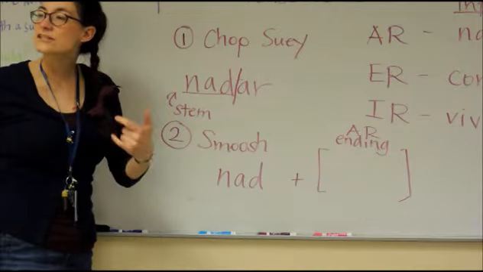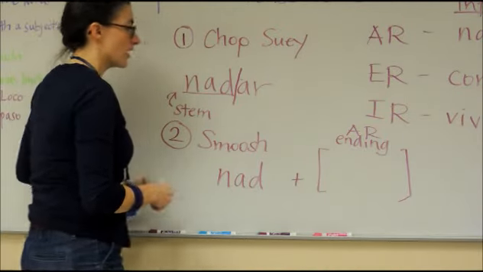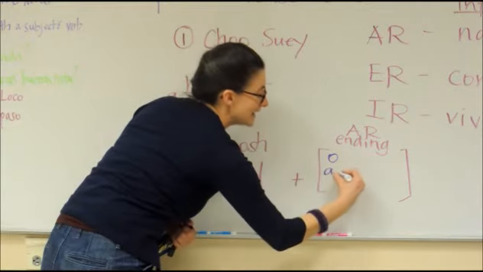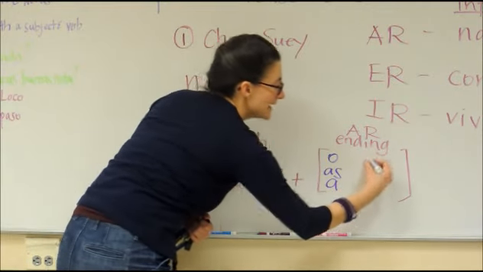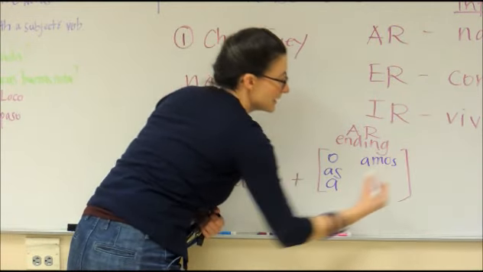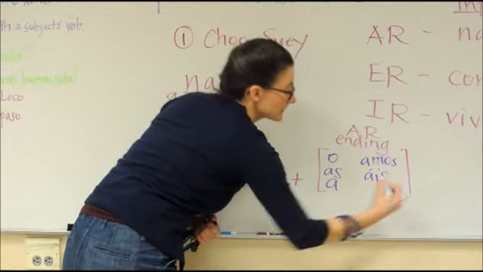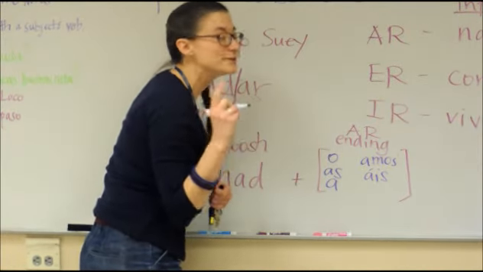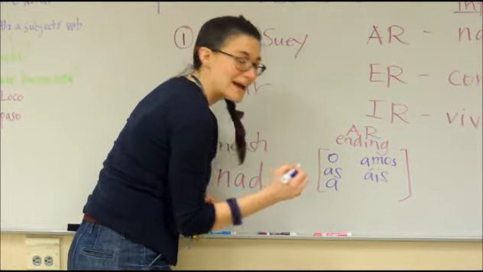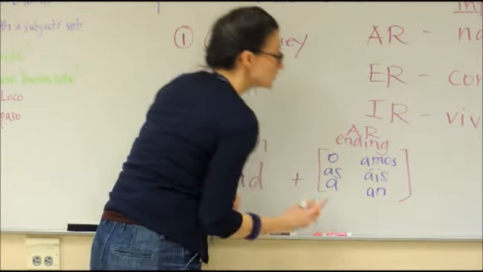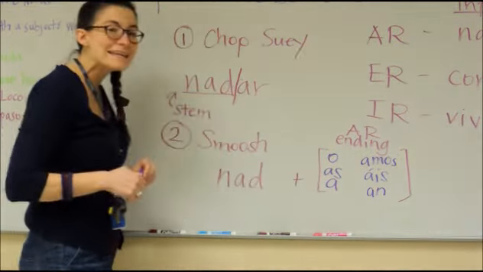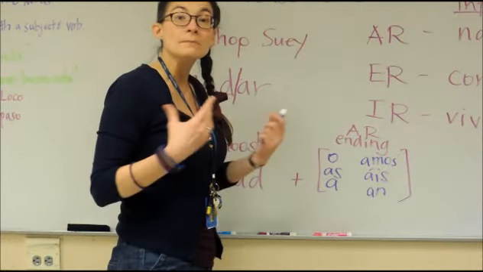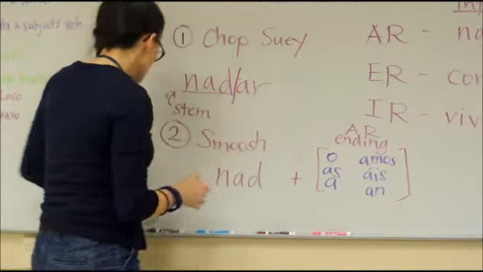Together, let's go through what these AR endings are. What do we start with? O, as, a, amos, áis, only used in Spain, and an. So these are our 6 endings that we're going to add to the stem to mean different things.